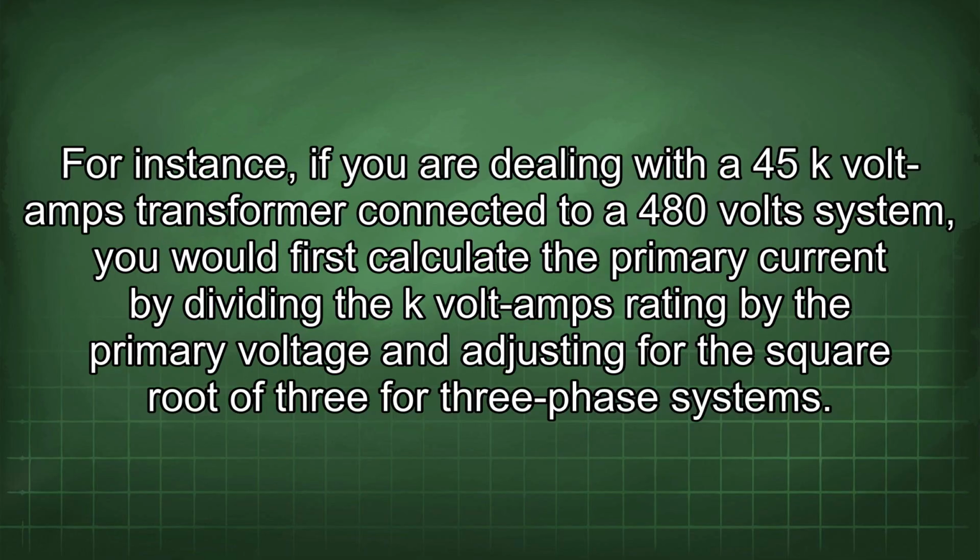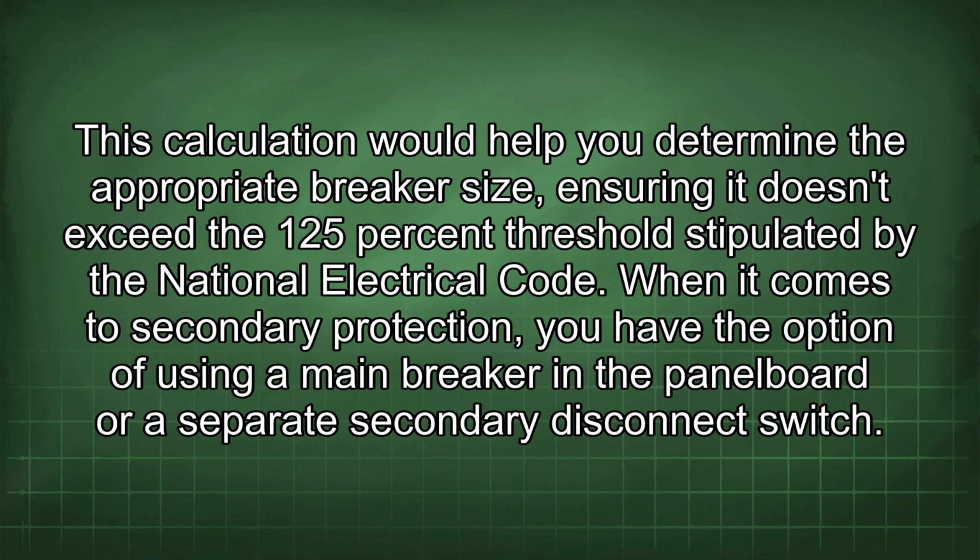For instance, if you are dealing with a 45 kVA transformer connected to a 480 volt system, you would first calculate the primary current by dividing the kVA rating by the primary voltage and adjusting for the square root of 3 for three-phase systems. This calculation would help you determine the appropriate breaker size, ensuring it doesn't exceed the 125% threshold stipulated by the National Electrical Code.